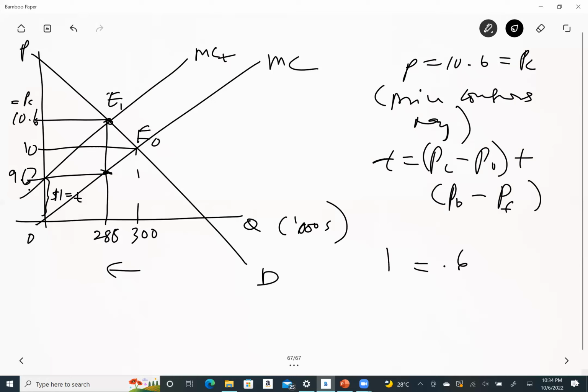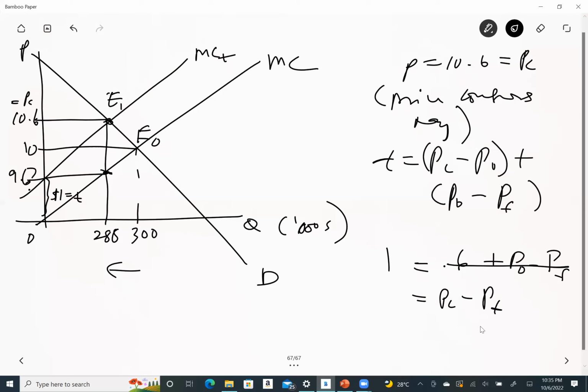This is 1 plus P0 minus PF. P0 minus PF is equal to PC minus PF.